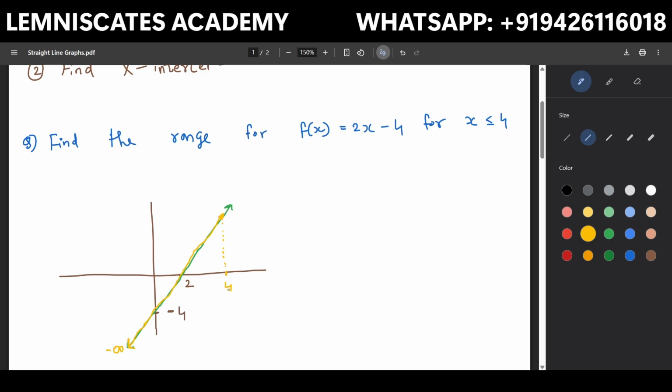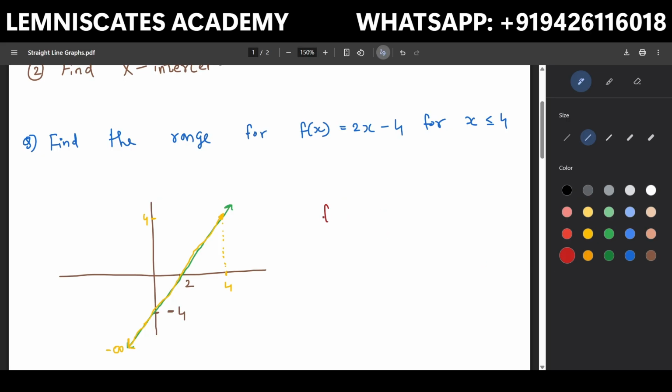Because 4 is part of the domain, the respective output will also be part of the range. But what is that value? Just substitute your 4 into this x. 2 times 4 is 8. 8 minus 4 is 4. So of course this is 4. So what is your range in this case? Your range is f of x, or let me write it with a red color.